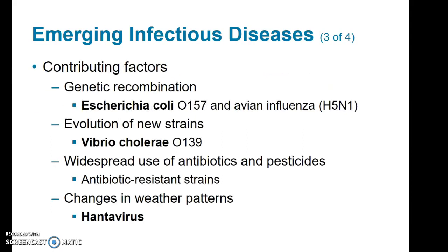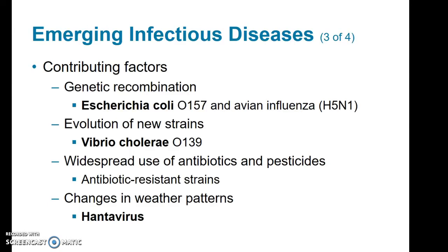So things that lead to emerging infectious diseases are genetic recombination or genetic changes in these bacterial and viral species, evolution of new strains, so the evolution of bacterial and viral organisms, for lack of a better term for viruses, the widespread use of antibiotics and pesticides, which can lead to the development of antibiotic resistant strains like MRSA, which everyone is familiar with, methicillin resistant Staph aureus, which is a problem in a lot of healthcare facilities.